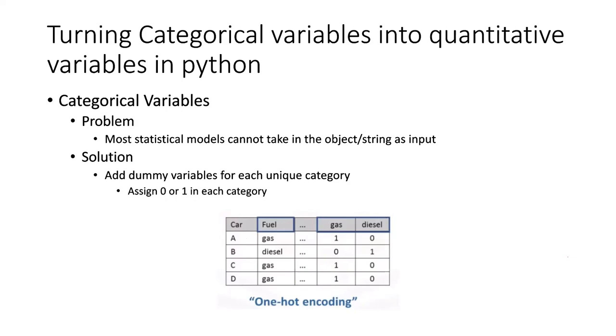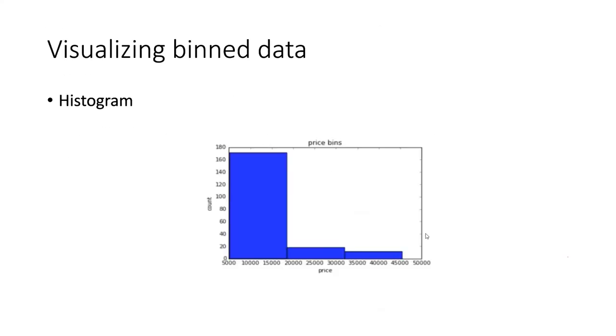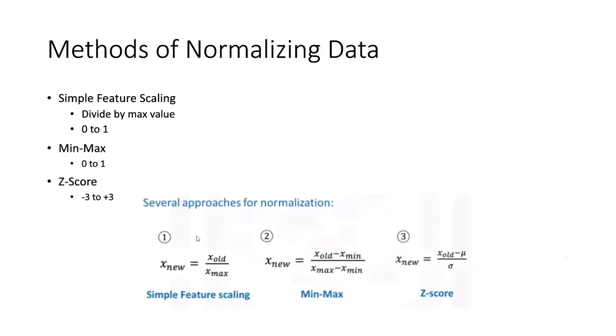Okay, so I've got a question. What is the difference between simple feature scaling and min-max scaling? See, if you do simple scaling, it is always taking the maximum number and dividing every number with it. So the minimum number gets 0 and the maximum number gets 1, and the rest fall within that range.